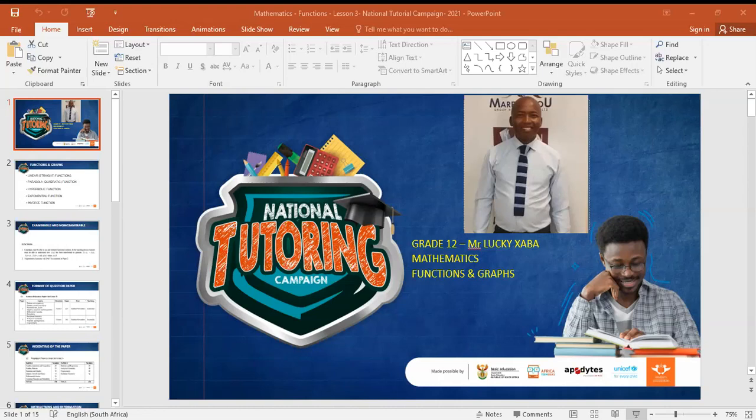If it is minus, it has been moved a certain number of units downward. And of course, when a is multiplying f(x), our graph is being multiplied by a certain factor. It's important to note that the trigonometric function will only be examined in paper 2. So under these functions, we are only going to be looking at the 5 functions I mentioned, which are the ones examined under paper 1.